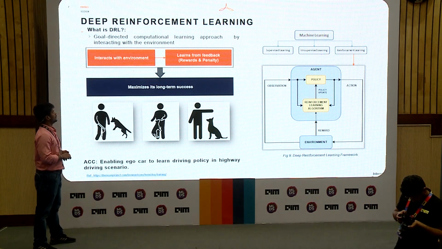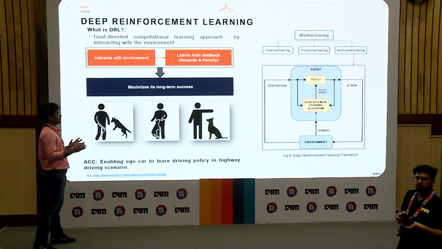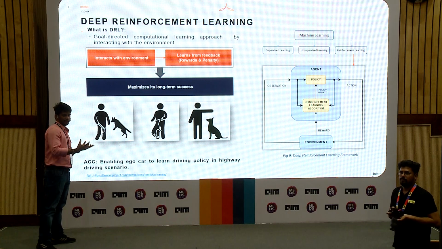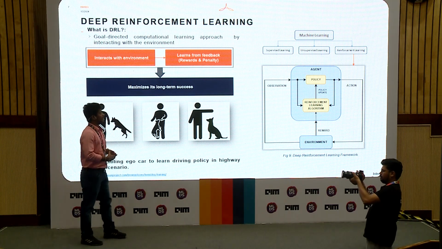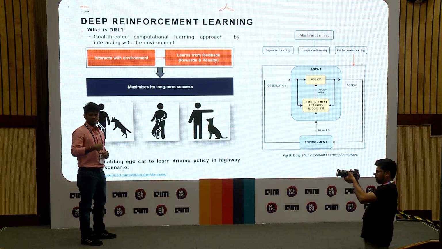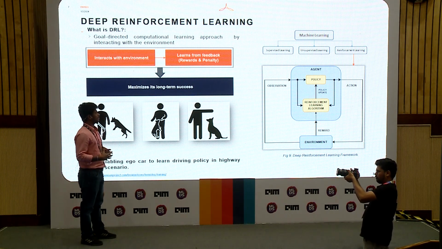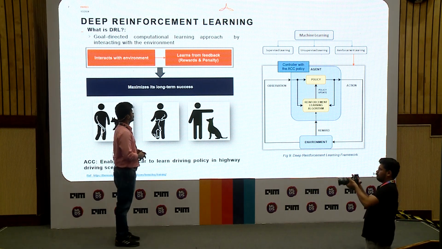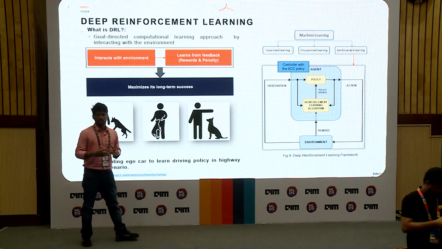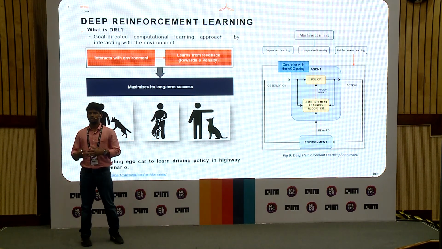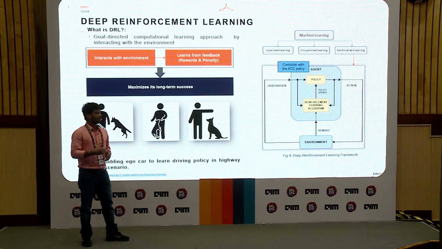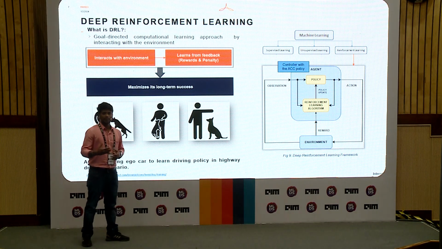Next is DeepRL, a goal-directed computational learning approach by interacting with the environment. That is what we see: the agent interacts with the environment, and through a lot of episodes, a kind of trial and error, it is going to learn. It is simply a mathematical conversion of the regular learning process of humans or any organisms, like how we learn cycling through pain and pleasure.